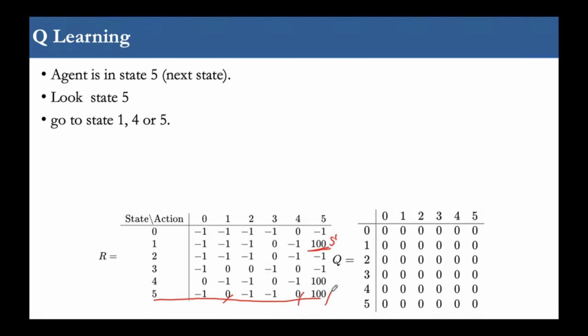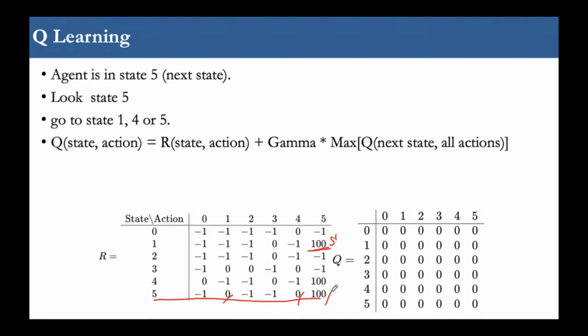Now we will be calculating the Q value. How to calculate the Q value? In the algorithm it's fully represented in mathematical notation, so we have written it here in English notation which is easily understandable. It's Q of state comma action is equal to the reward value for the particular state comma action plus the gamma value times the maximum of Q of next state comma all the actions.